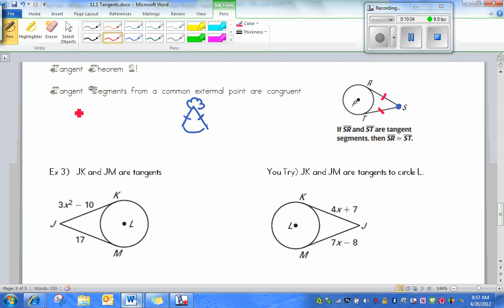So in this case, RS has to be congruent to ST. And it's like a little party hat. See, it's a circle wearing a hat, okay?